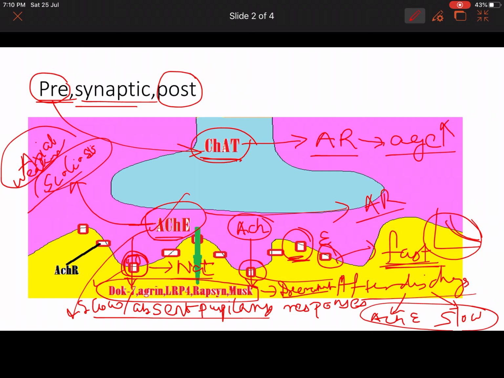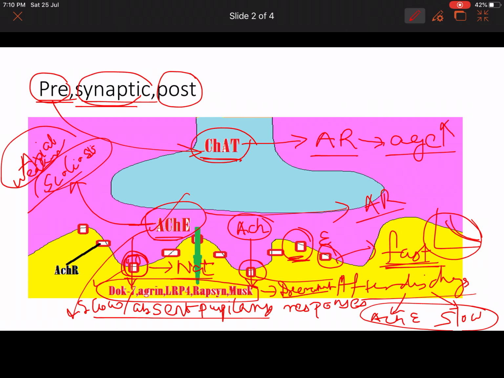So this is a very gross overview of congenital myasthenia, where I have divided them into presynaptic, synaptic, and postsynaptic. Presynaptic is the enzyme defect, that is the synthesis of choline acetyltransferase.